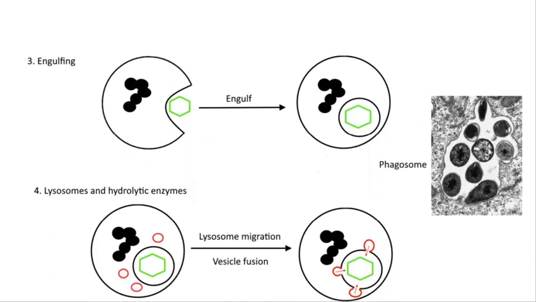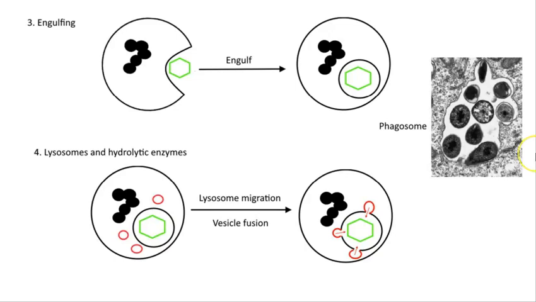And that next step is called the engulfing step, and you can see that the phagocyte is extending its cytoplasm around the pathogen. If I just put P for pathogen there, it's extending the membrane around it like so, and these structures are called pseudopodia, or false feet, I believe is the translation.